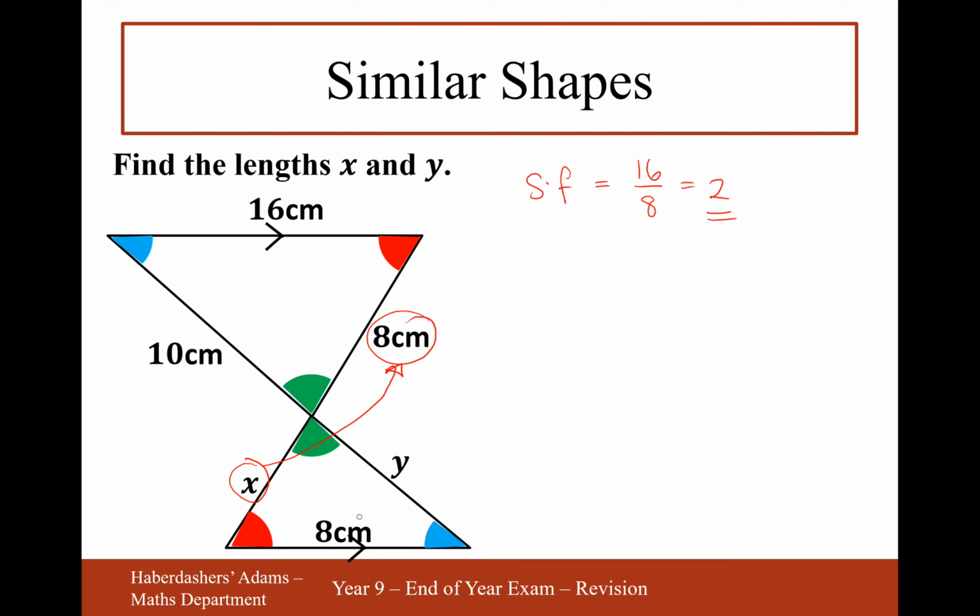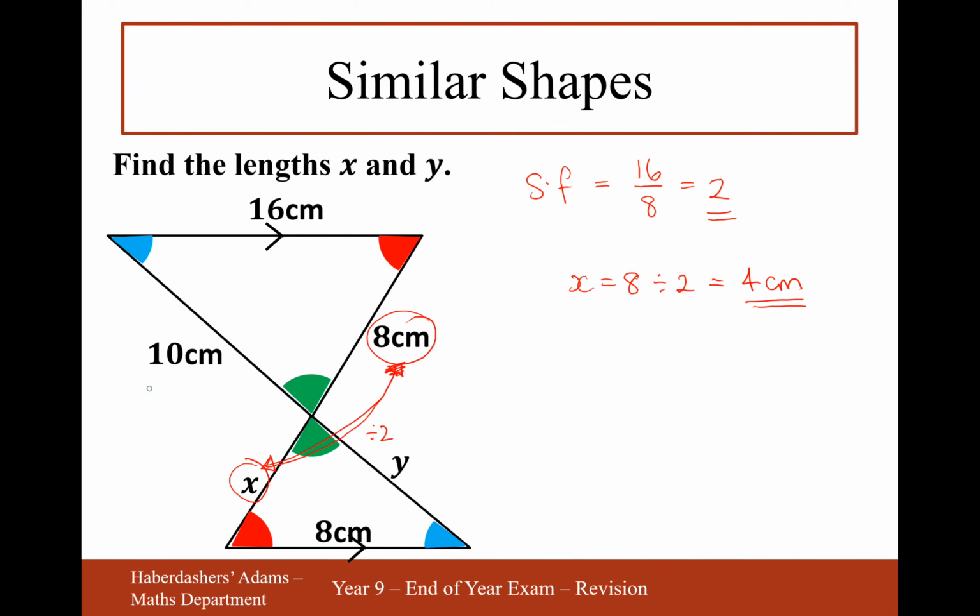Remember, we go from the bottom triangle to the top triangle with this scale factor. So we're going to have to go in reverse to get back down to x by dividing by 2. So x is equal to 8 divided by the scale factor of 2, which gives us a side of 4 centimeters. And it makes sense because the side x looks smaller than the side of 8.